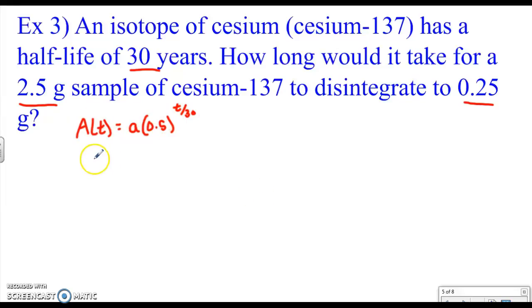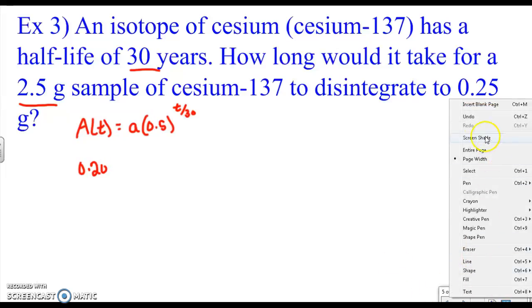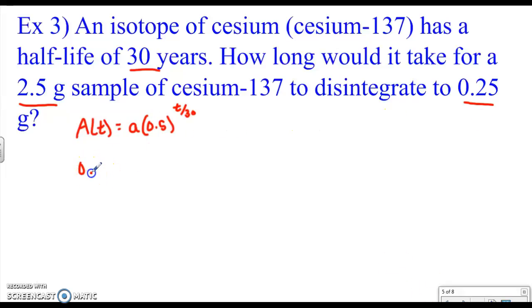Half-life is 30 years, so we're going to do 0.25 equals 2.5 times the half-life of t divided by 30. So if I divide by 2.5, 0.1.